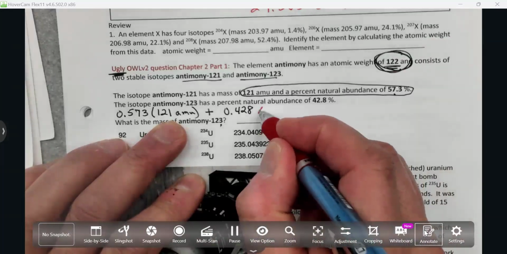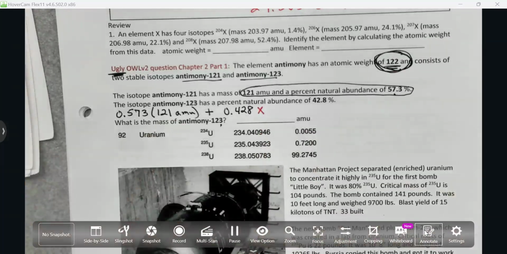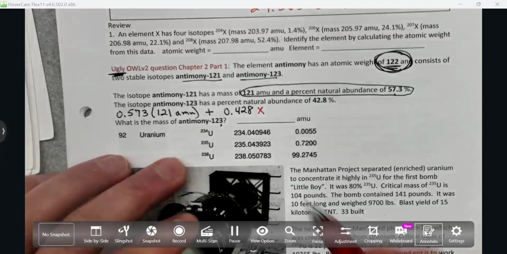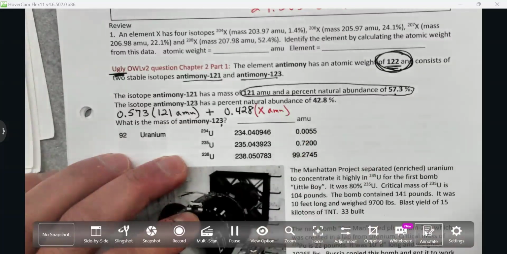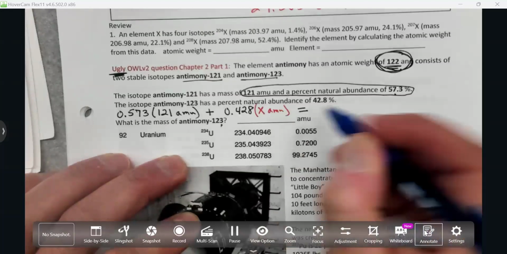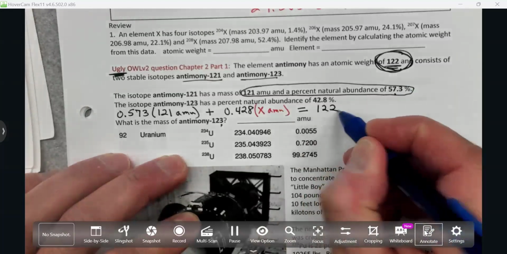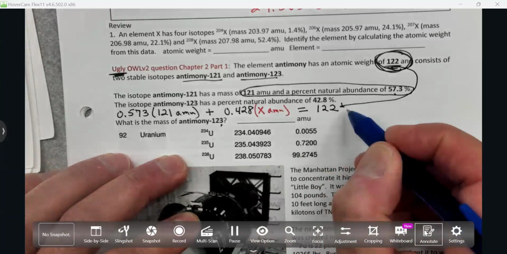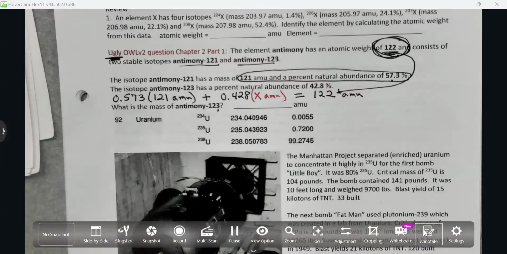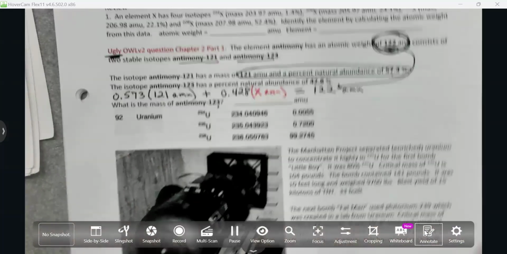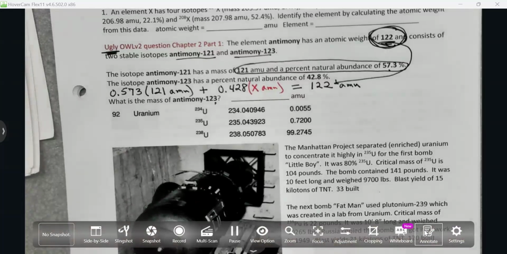But this is what we're trying to calculate, X. 123, but X AMUs. That is equal to 122. This would make so much more sense if it had some decimal places in here and they used better numbers.